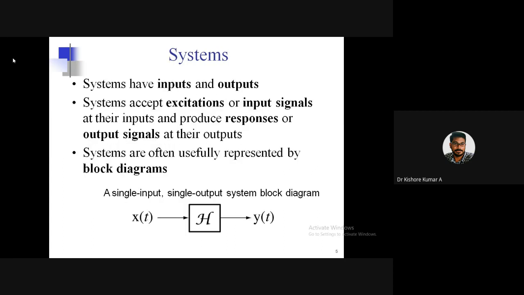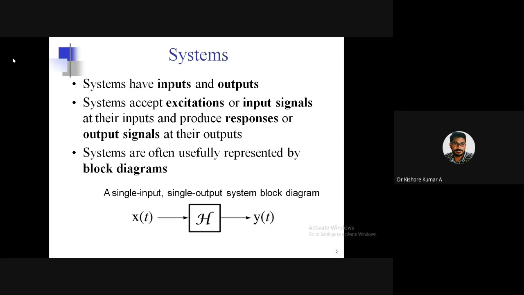Whenever I say system, that particular system requires some sort of input and output. Here the block diagram represents a single input, single output system. The system is designated by H, the input is X of t, and the output is Y of t.